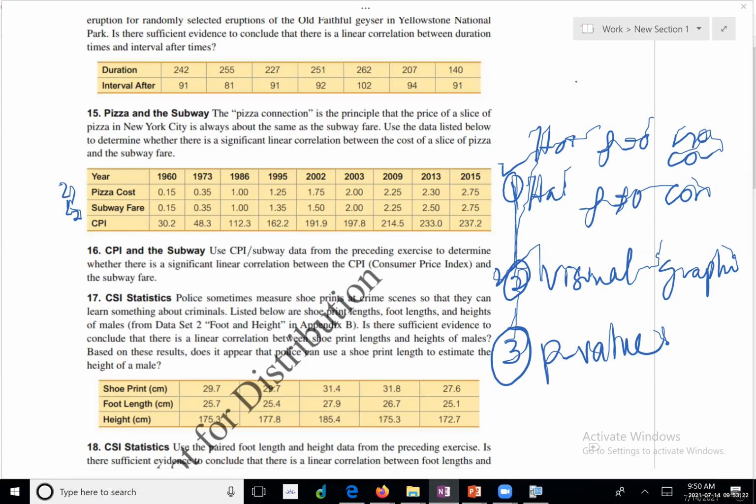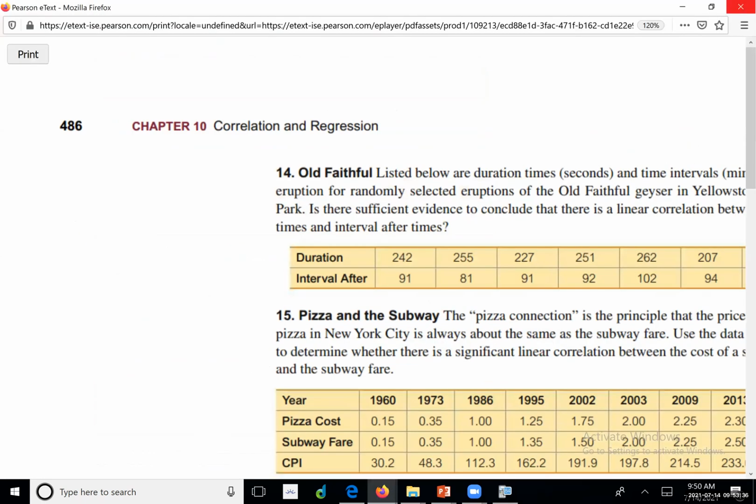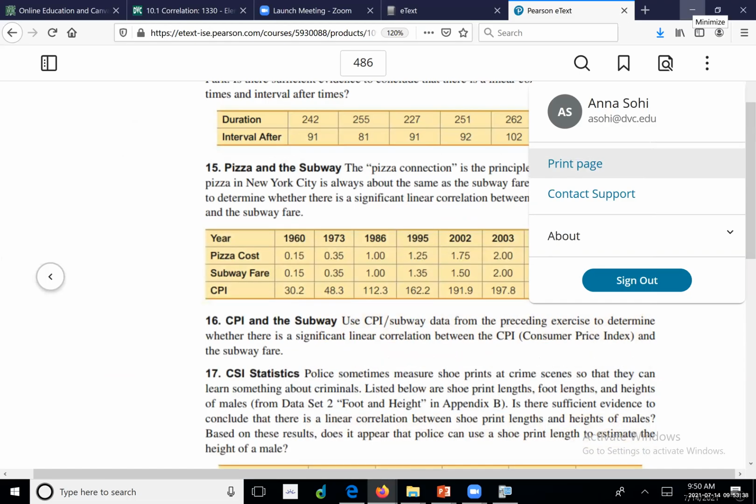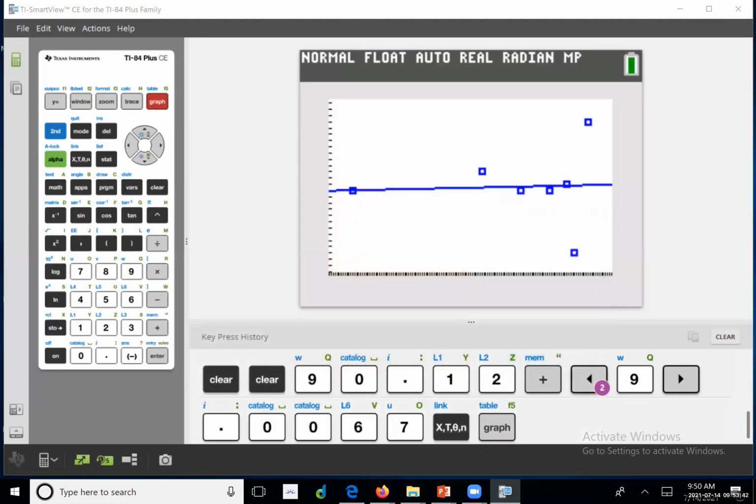Go to graph. You don't need to activate on and off. That was a one-time deal. So let's just do it. I'll do it too at the same time. So I'm going to mute myself and enter the data in my calculator.